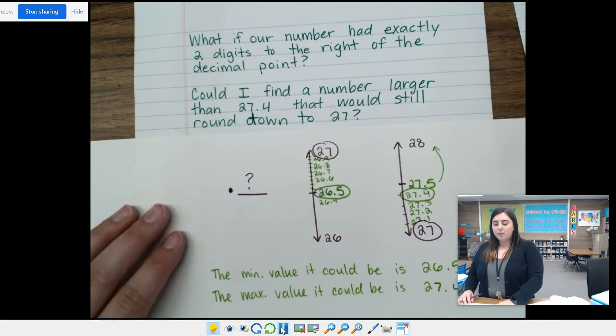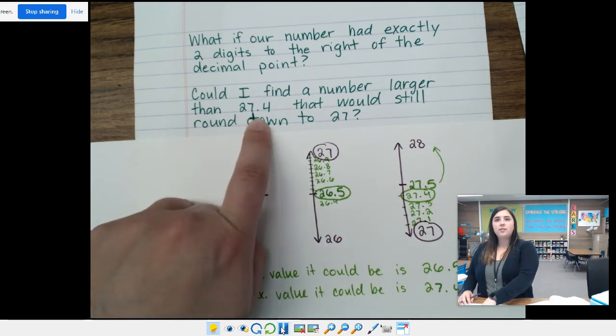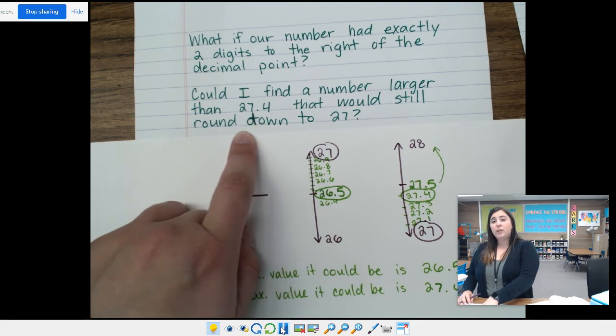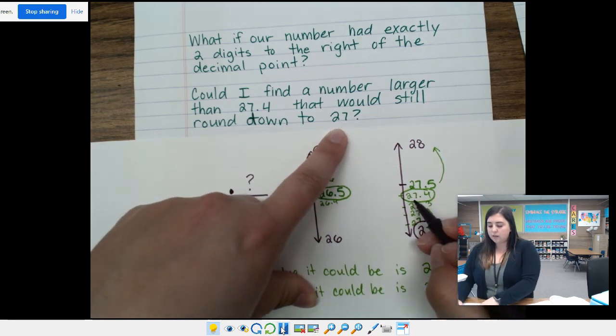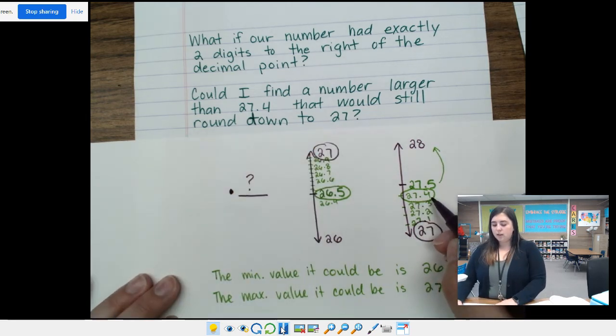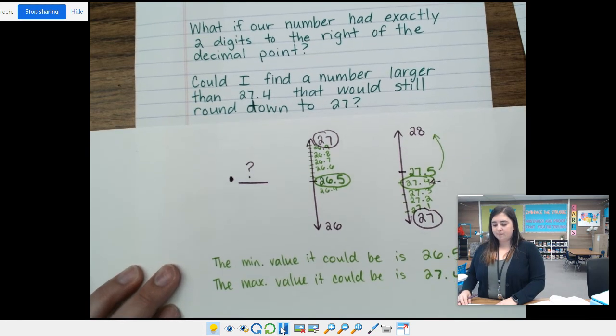Could I find a number larger than 27 and 4/10 that could still round down to 27? So here's my 27 and 4/10. Is there anything that's bigger than this number that would still round down?